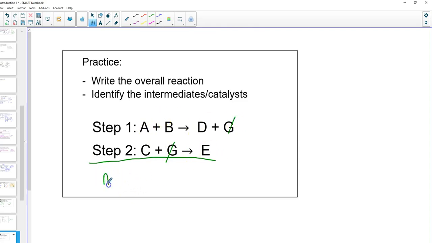So I'm going to have A plus B plus C yields D plus E. All right, in this case, was anything introduced, A, B, or C, that was kicked out then? And the answer is no. So there is no catalyst, none. And intermediate would be G. Important skill there.